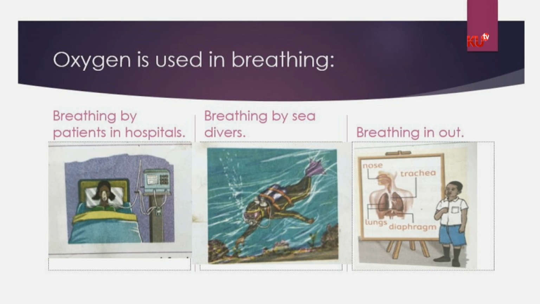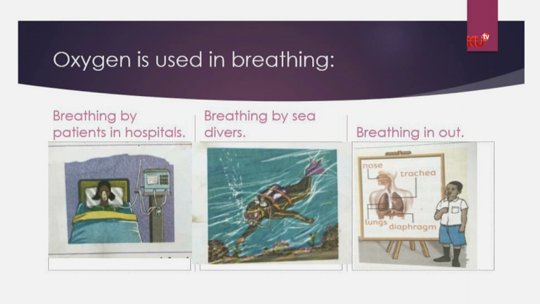As you can see on your screen, the first diagram shows a patient in hospital. You can fall sick and be taken to the hospital, and while there something happens, maybe due to infection or an accident where your lungs or your nose get some problems and you are not able to breathe properly.